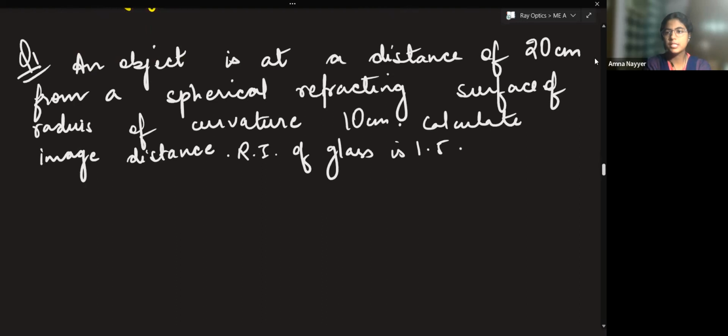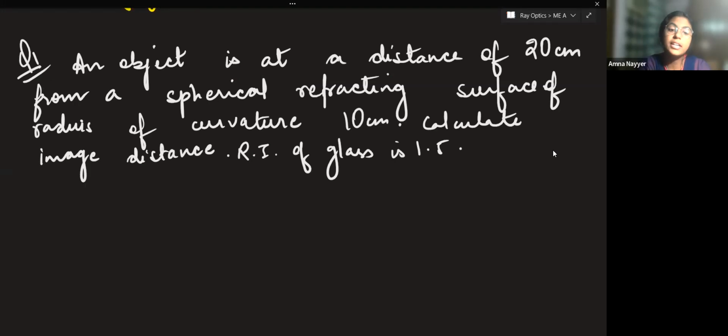Okay, so this question says: an object is at a distance of 20 centimeter from a spherically refracting surface of radius of curvature 10 centimeter, calculate image distance. Refractive index of glass is given as 1.5.